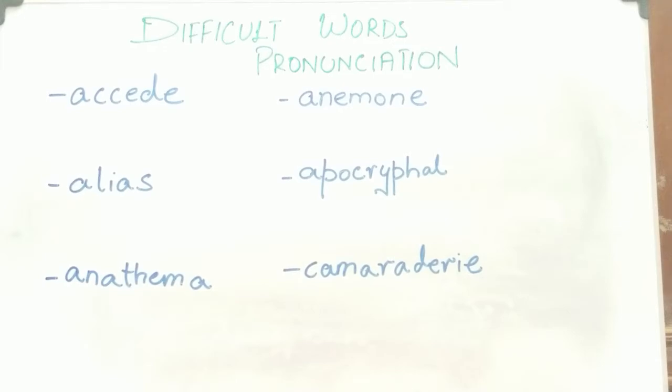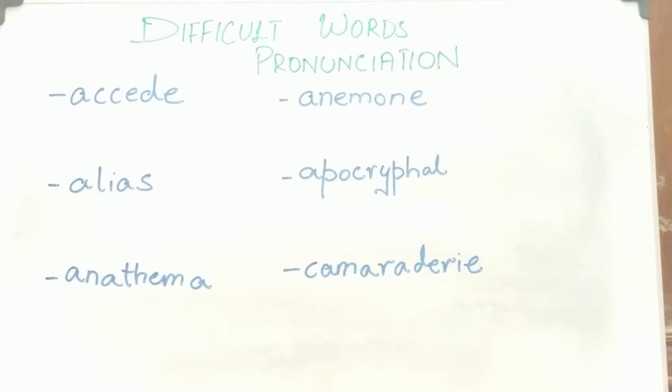Let's see the first one, and that is accede. Now listen to the pronunciation once again. Accede. You might often have heard the word that means to agree to a request or demand, or to give approval. For example, I could say, the Supreme Court didn't accede to the judge's request.